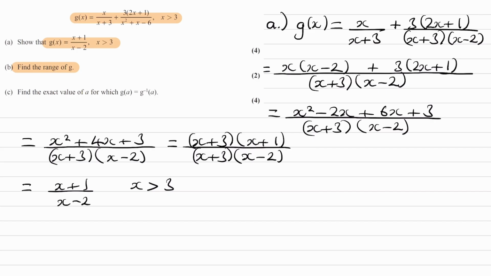The first method that we can use to do this is long division. So that's probably the most intuitive way of doing this, but there is a nicer way of doing it, which I'll show you afterwards as well. Okay, so long division, we're doing x plus 1 divided by x minus 2. We see how many times the x goes into this x, that is once.